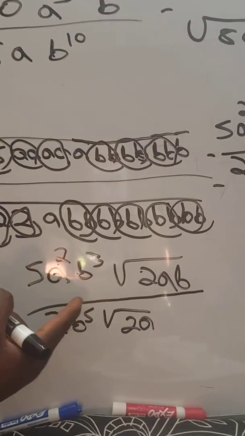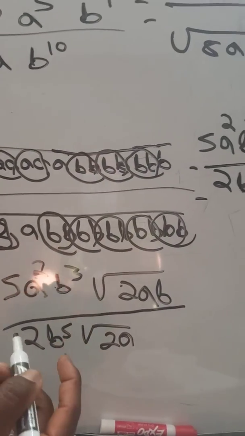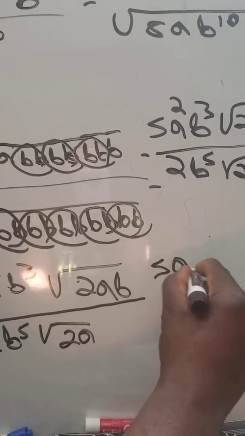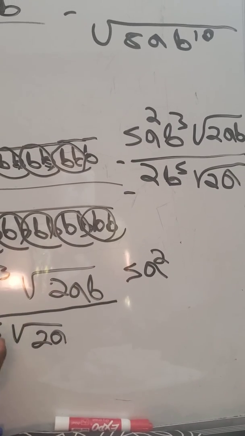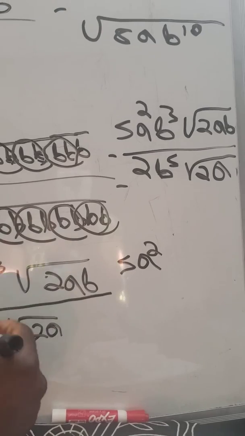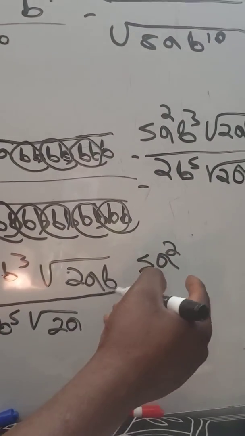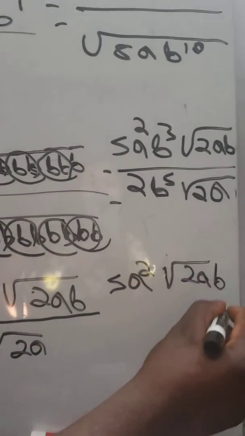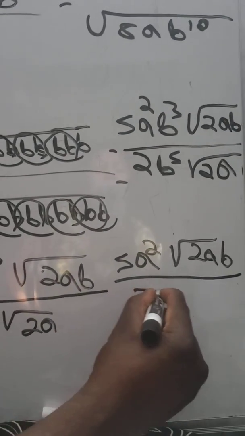You can simplify b, because you have b cubed on the top and b to the 5th power in the bottom. So that will end up being 5 a squared, because you cannot touch a. The b's on the top cancel with 3 of the b's in the bottom. So what you would have left is the square root of 2ab over 2.